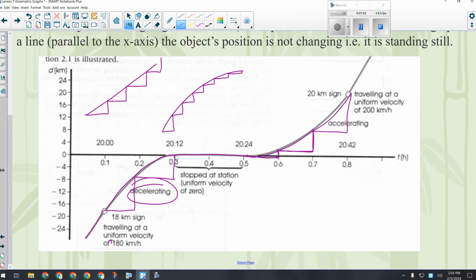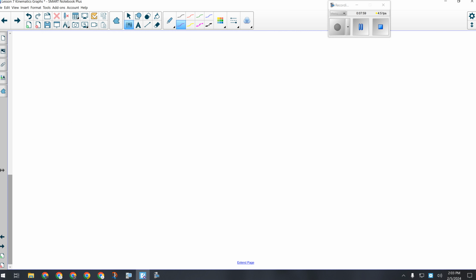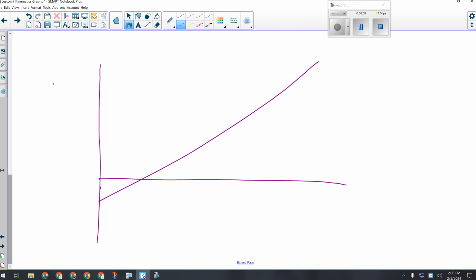Now, calculating stuff off the graph. What if I were to give you this position versus time graph?